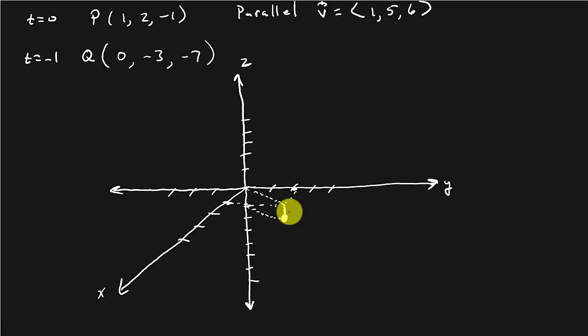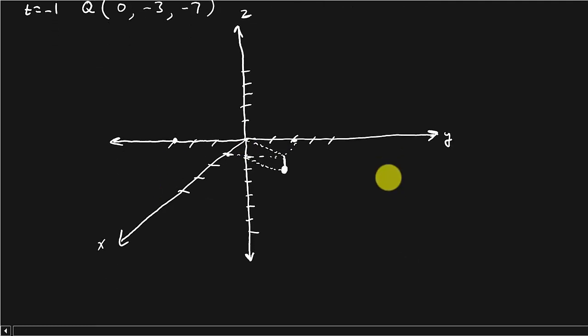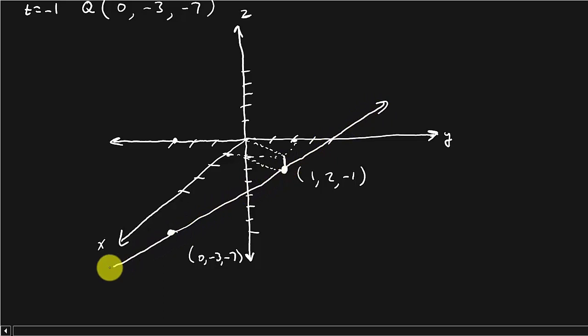And then we have to plot the point 0, -3, -7. So X is 0, Y is -3, and then I need to go down 7. So we're going to come down to about right in here. So there's this point, the point 0, -3, -7, and this is the point 1, 2, -1. And then we draw our line.